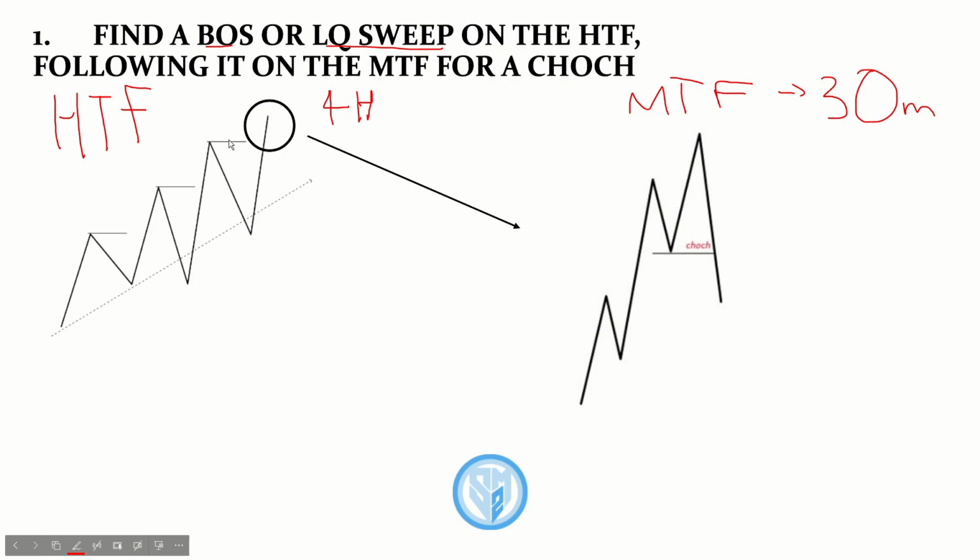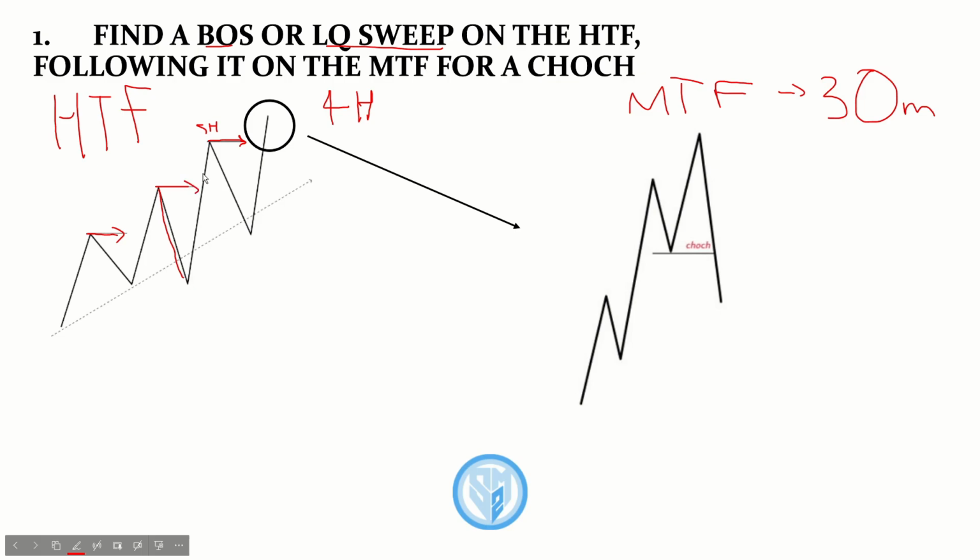So, right here, let's say we're on a 4-hour and price just swept off this 4-hour liquidity point, which is also a 4-hour high, right? A 4-hour swing high right here, right? So, after price sweeps this high, I'm going to have a bearish bias because if we look at all the previous examples on this chart, right, after price takes out a major liquidity on the 4-hour, we see a retracement towards the downside, right?